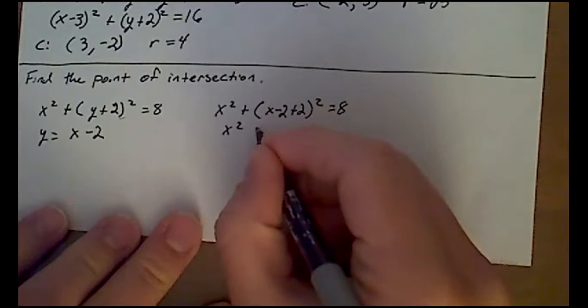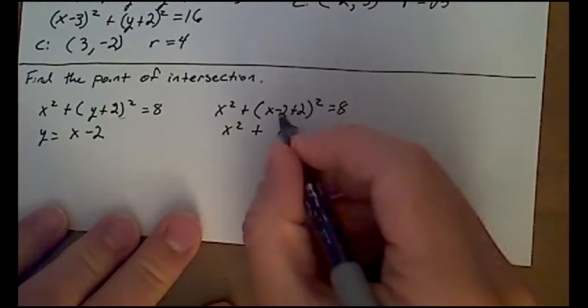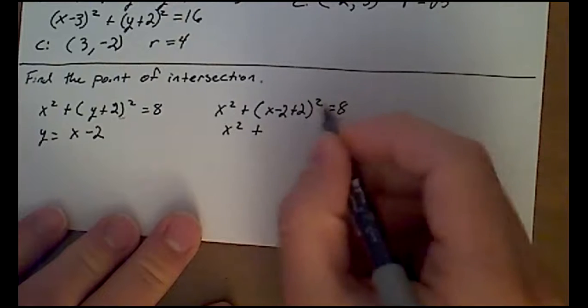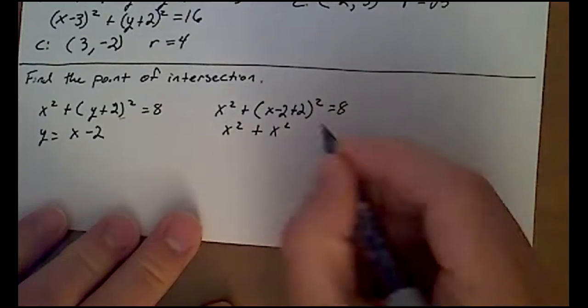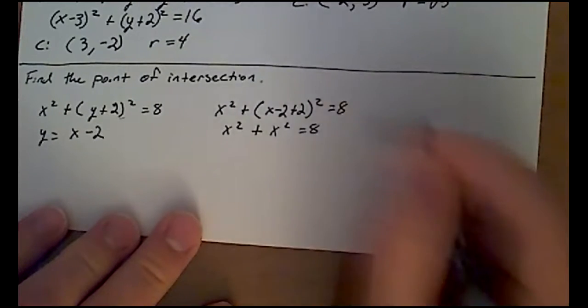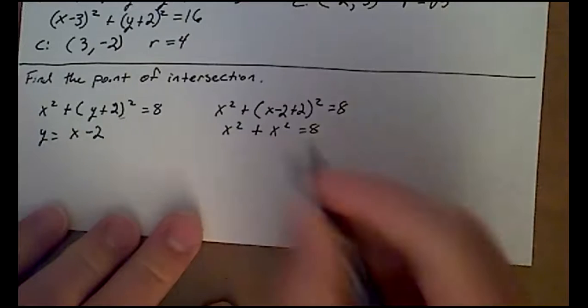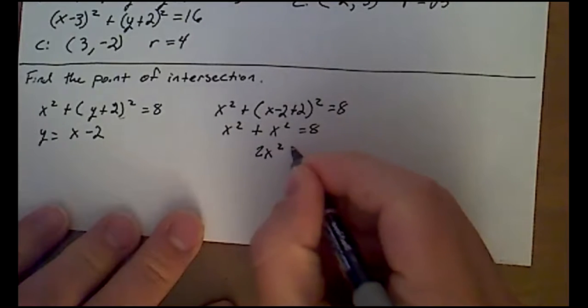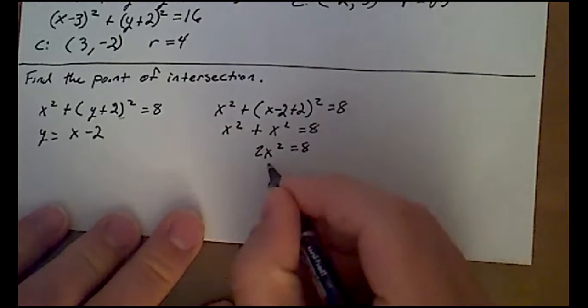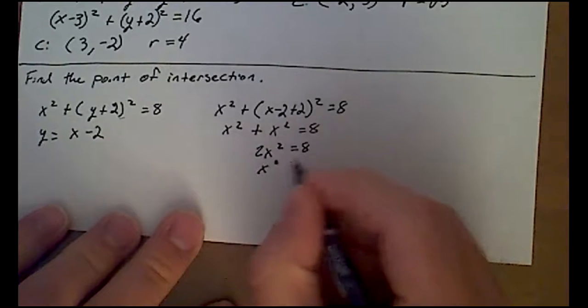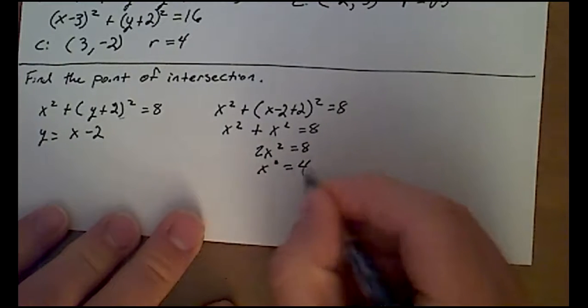X squared plus negative 2 plus 2 is 0. So we get another x squared equals 8. It is 2x squared equals 8. X squared equals 4.